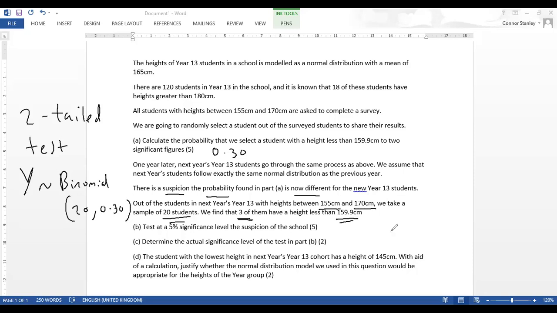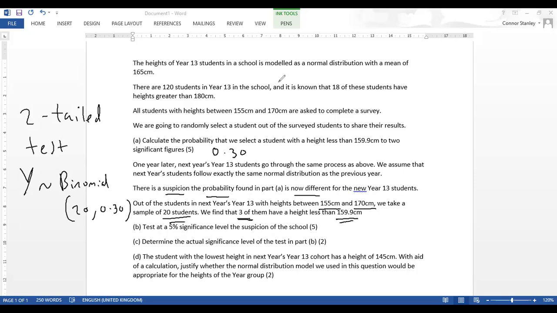So we've got this binomial distribution, 20 trials, 20 people in our sample, and assuming that last year's distribution is the same as the new year's distribution, the probability of our success is 0.3. So now what we're going to do is a binomial distribution hypothesis test for this data.